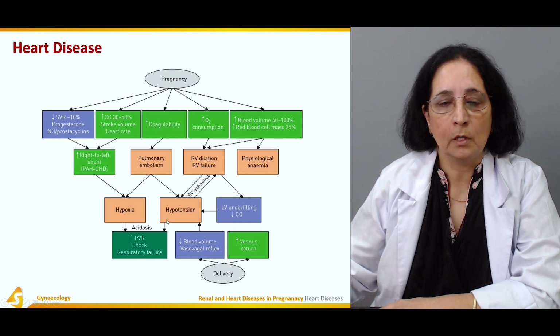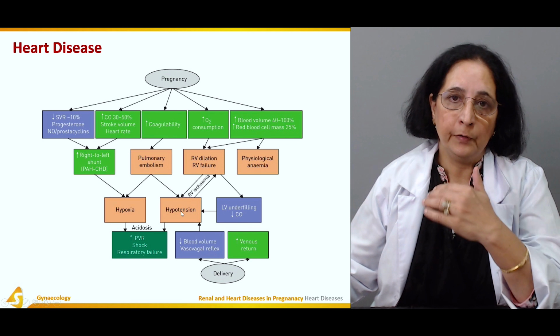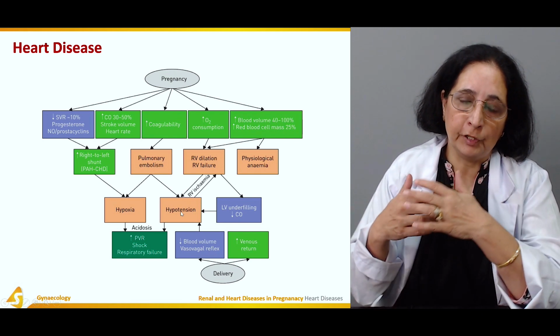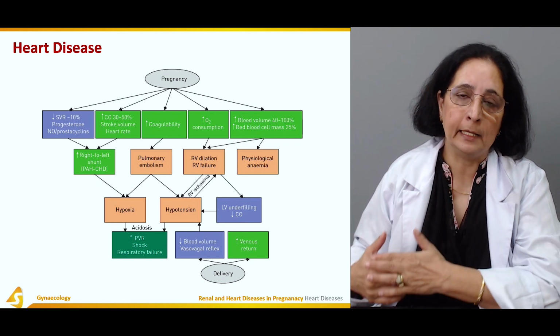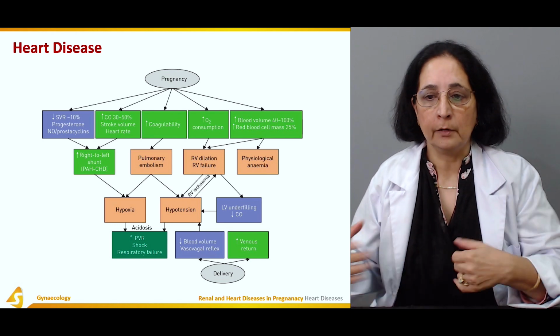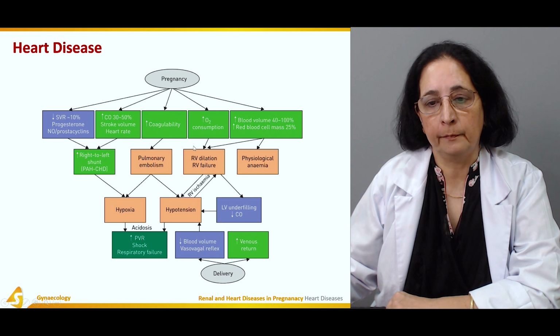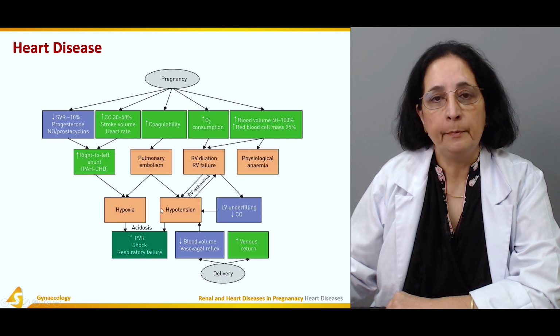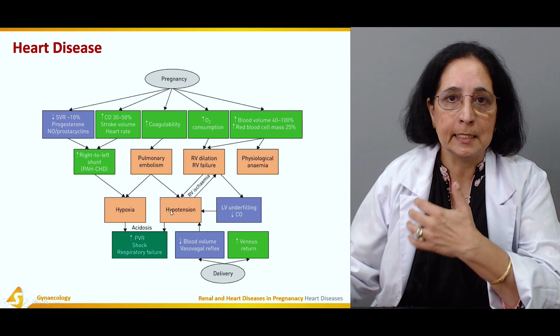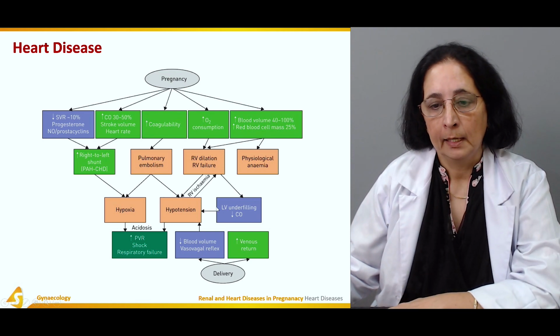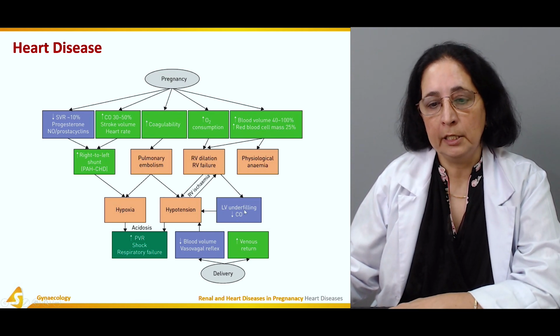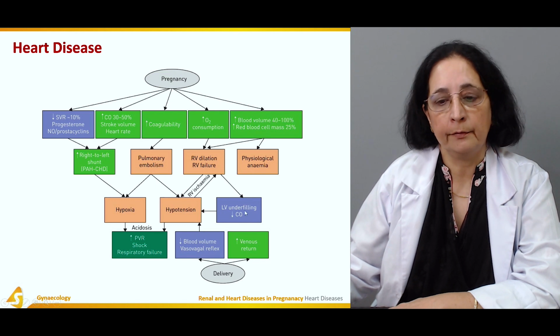They also cause hypotension. During pregnancy, the blood pressure is normally lower than usual because of increased blood volume and because of decreased resistance to blood flow. This can also lead to left ventricle underfilling and decreased cardiac output.